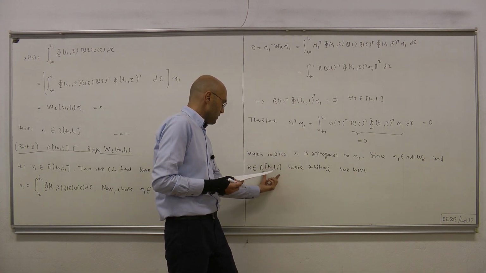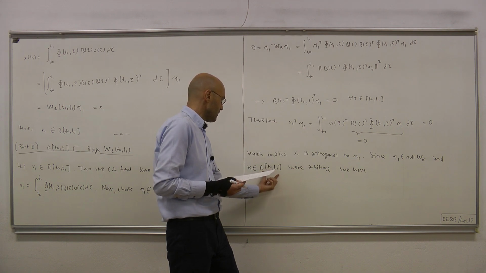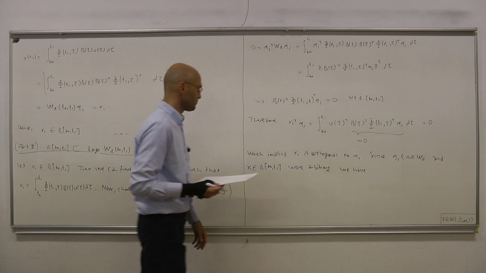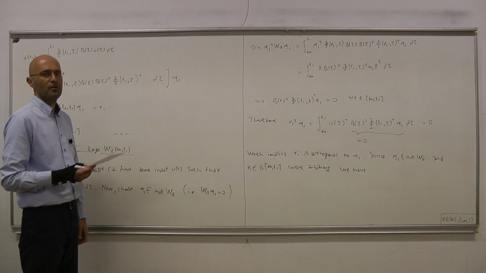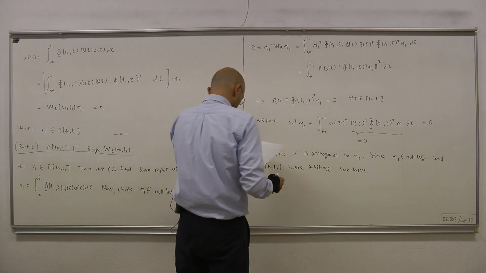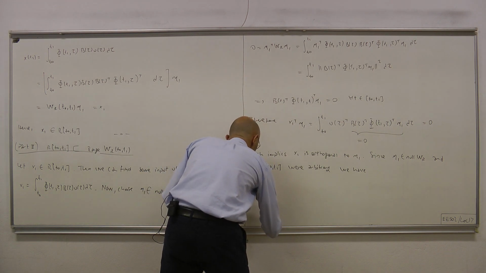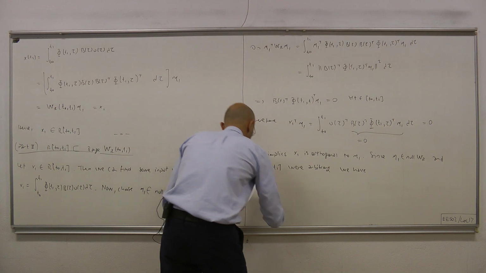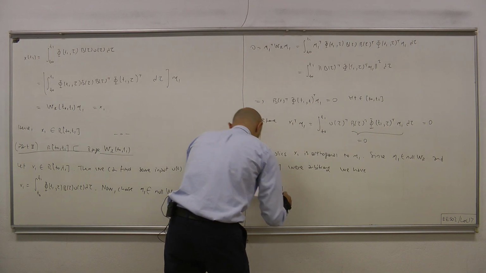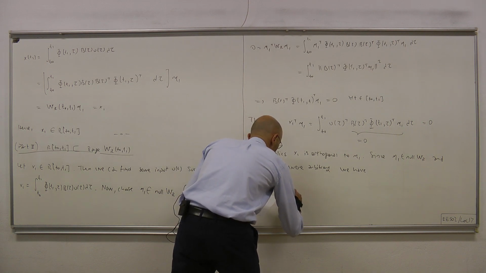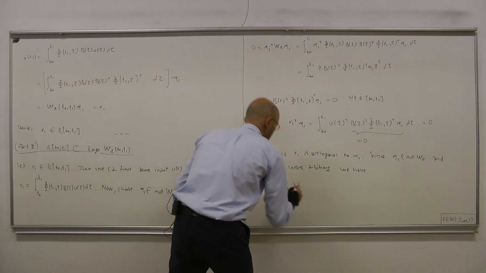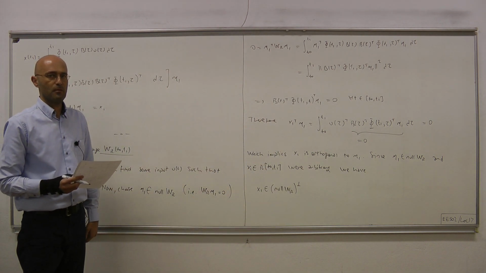The reachable subspace must be orthogonal to the null space of the reachability Gramian.